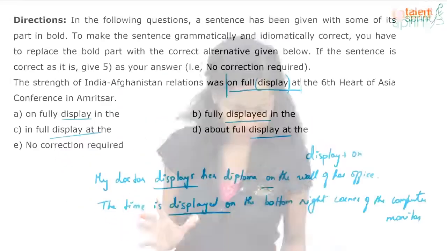If you are familiar with this collocation, for the most part, you might have some exception sentences where you will have at and in also, but you can always feel secure and safe when you have display on, because that's the most commonly used correct collocation. You always display something on something else.